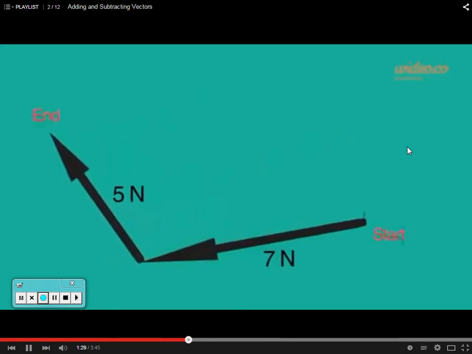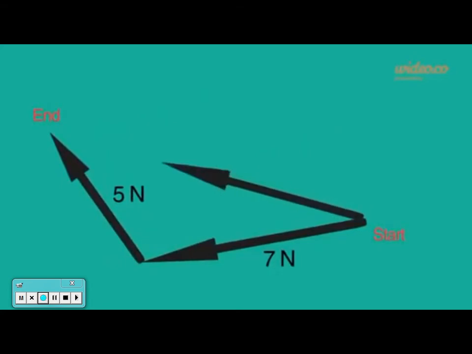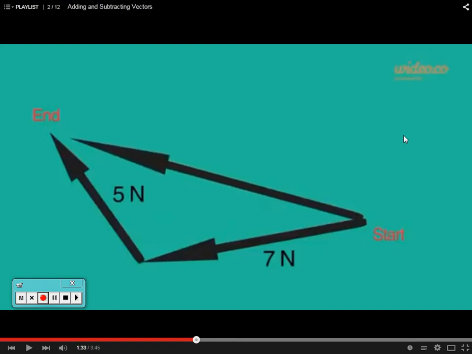There's our start, there's our end. Now we draw a final arrow which points from start to finish. That is the final force. That's what will happen if you add these 2 vectors together. So this vector plus this vector gives you that vector. Okay, happy with that?